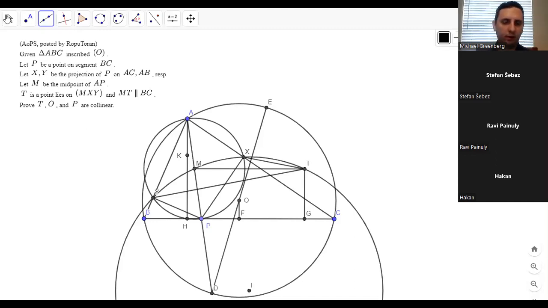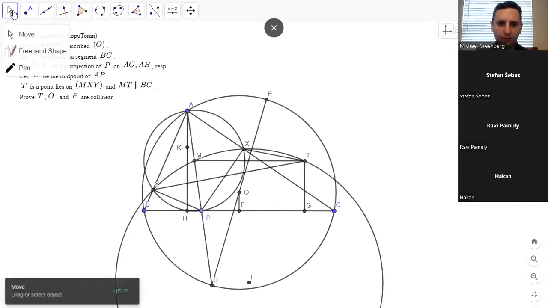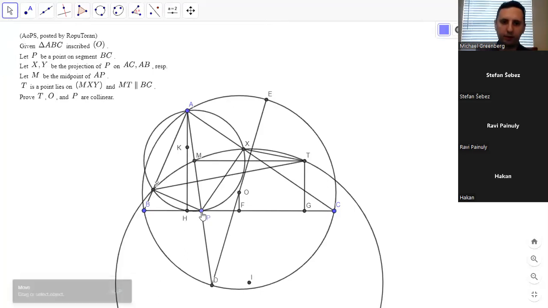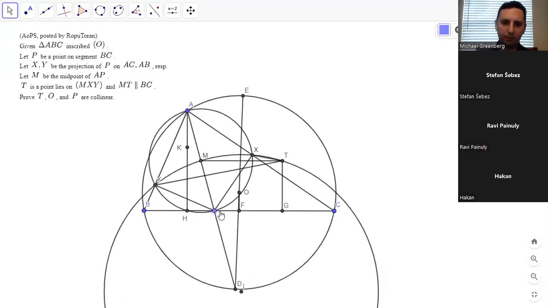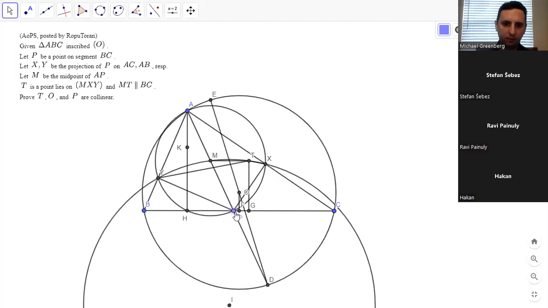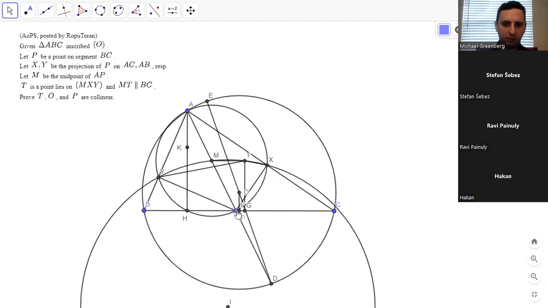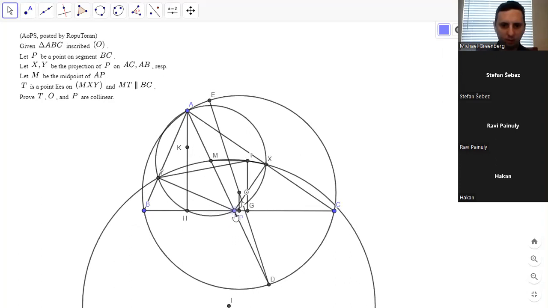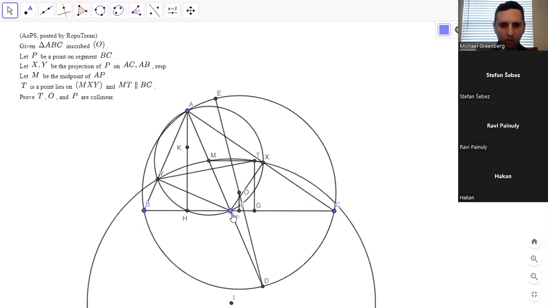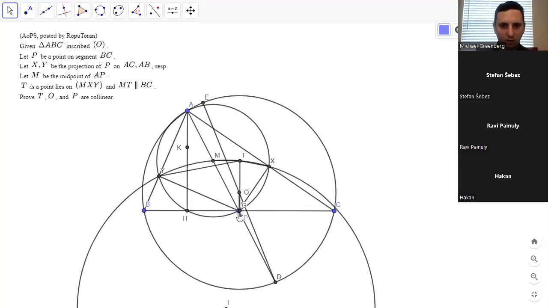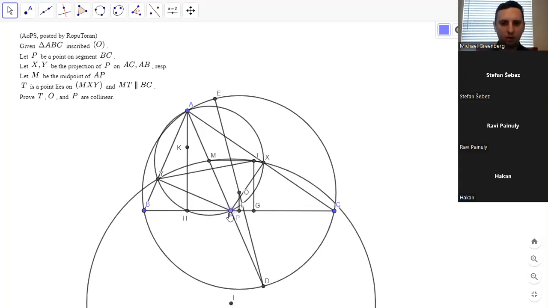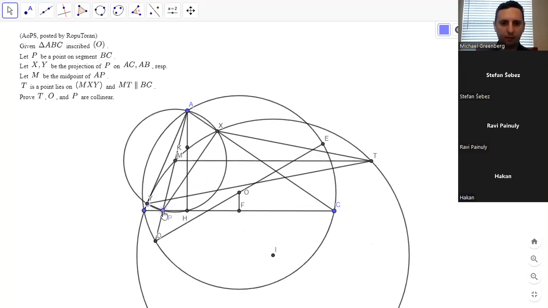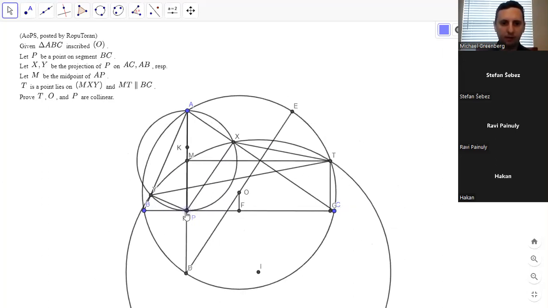So let's see if we can prove it for specific choices of P. If P is the midpoint, then yeah, we could try if T is B, P is H, and P is the midpoint or something like that.